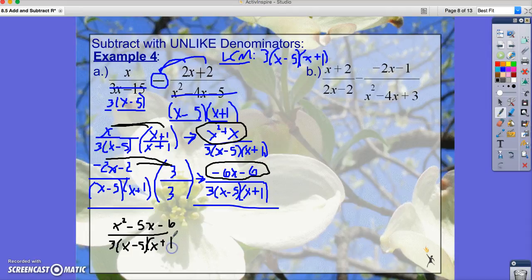Now in this case, where we'll add a step is, can you factor the top? Hopefully you realize you can. It's x minus 5, excuse me, x minus 6, x plus 1. All over the denominator.